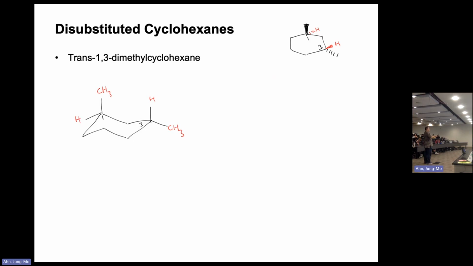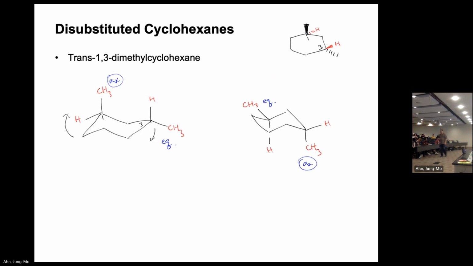You see here, one is taking an axial, the other is an equatorial. But we have to draw the other chair conformation just to show how they're going to look when the chair interconverts. When this chair interconverts to the other form, axial becomes equatorial, equatorial becomes axial. So if you look at that, how many axial substituents for each?